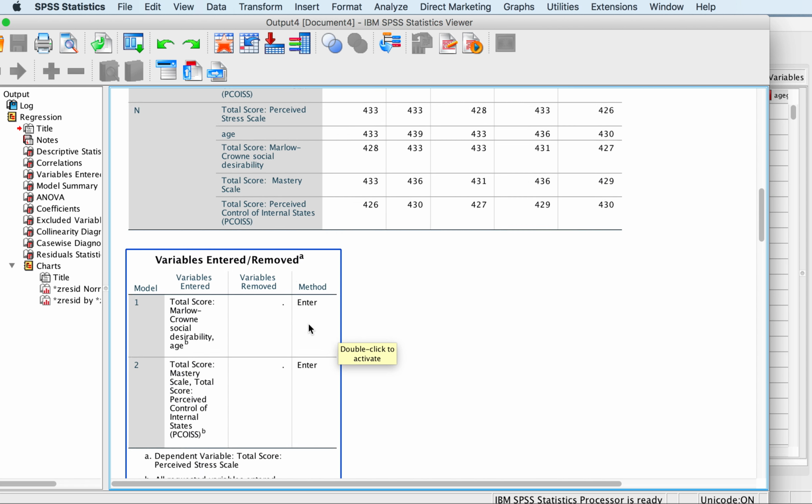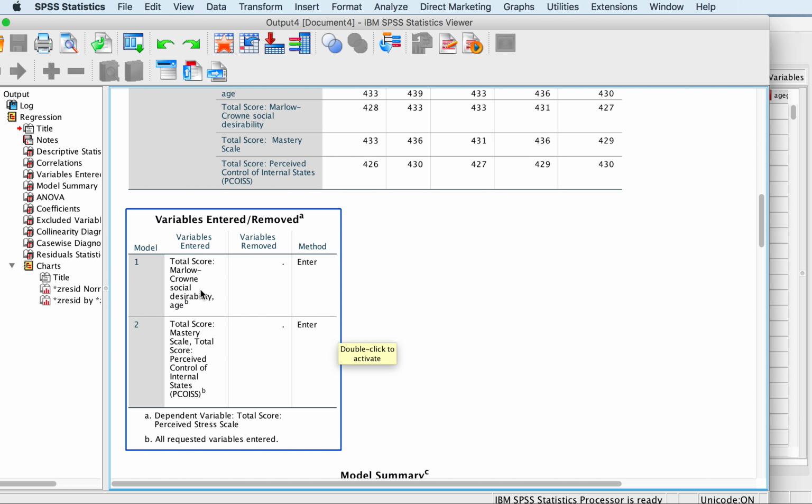This is just telling you which variables were entered and removed and when. Model 1 includes just social desirability and age. Basically it's asking, compared to a model in which you have no predictors, do just these two variables add a significant amount of variance predicted?